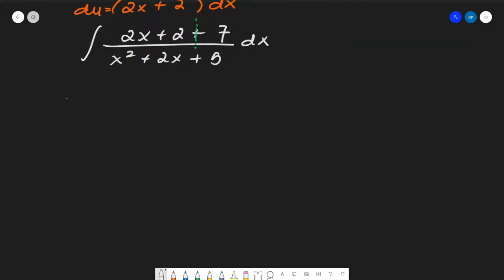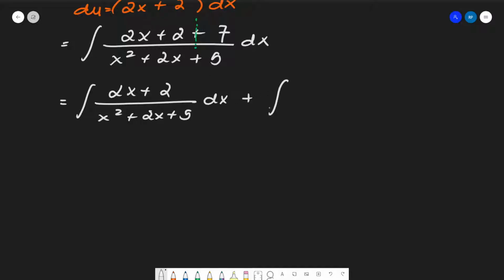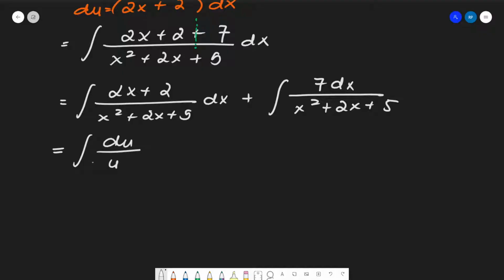So we have the integral of 2x plus 2 over x squared plus 2x plus 5 dx plus 7 dx over x squared plus 2x plus 5. As I told you earlier, this first integral takes the form of du over u, so we can write du over u here, having u equal to x squared plus 2x plus 5.